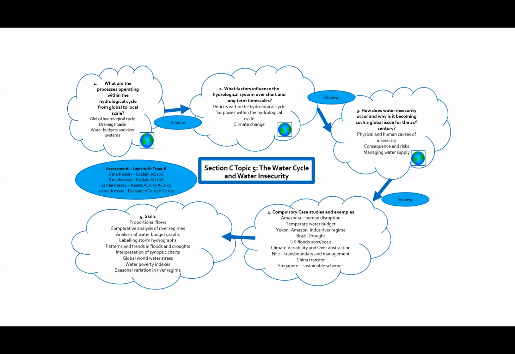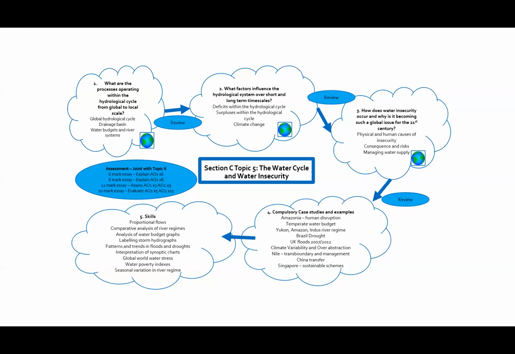How this is assessed, it's actually split with the energy topic. So I can't say for certain you'll get a 12-mark essay or a 20-mark essay. You'll either get a 6, 8 and a 12, or you'll get a 12 and a 20.